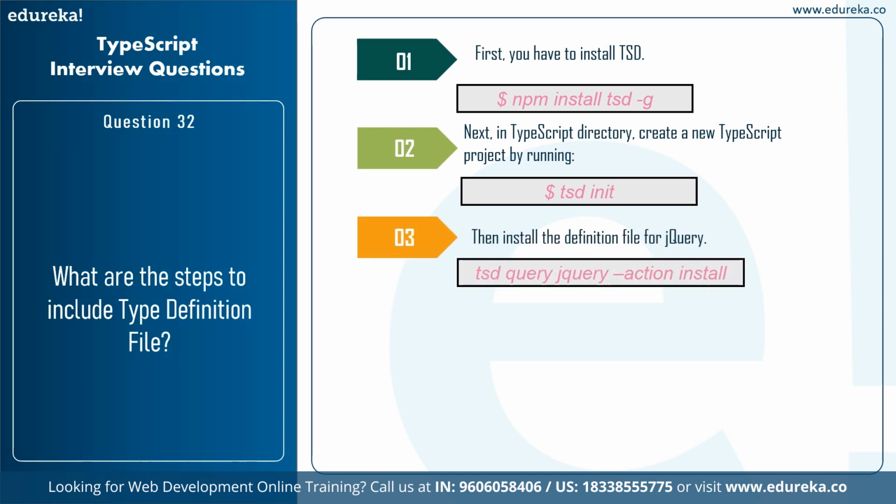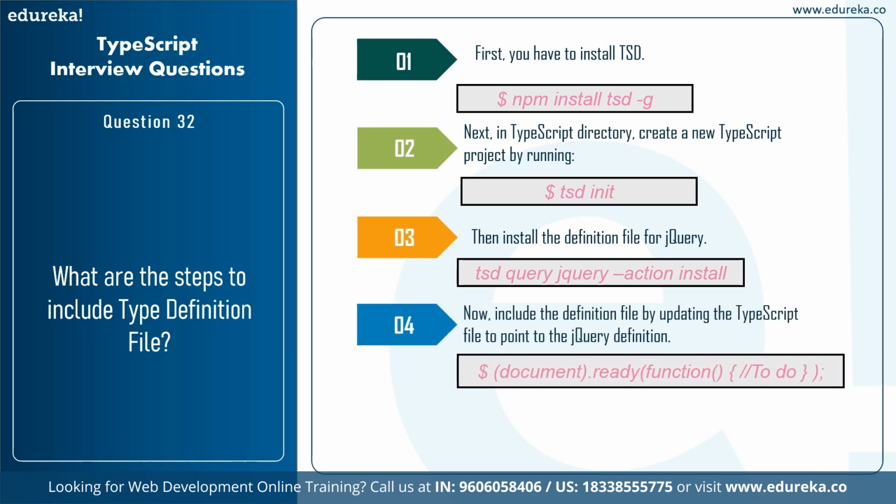Now once this is done, you have to install the definition file for jQuery. Now for this, you have to use the command tsd query jquery --action install. Now this command will download and create a new directory containing the jQuery definition file, which ends with .d.ts. Now you have to include the definition file by updating the TypeScript file to point to the jQuery definition.